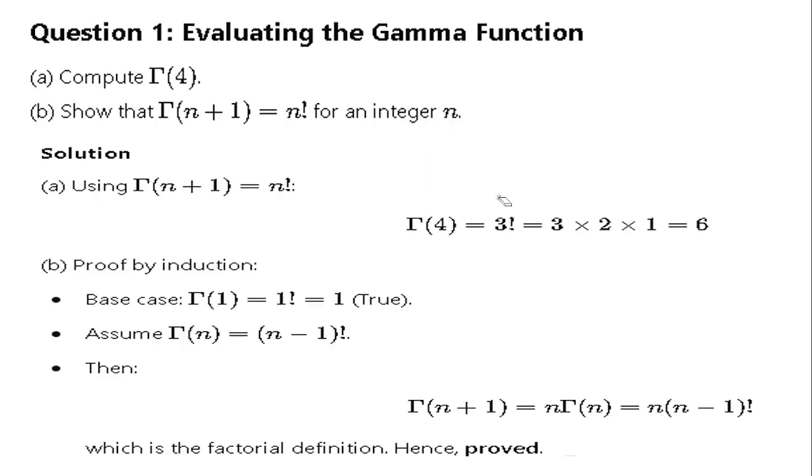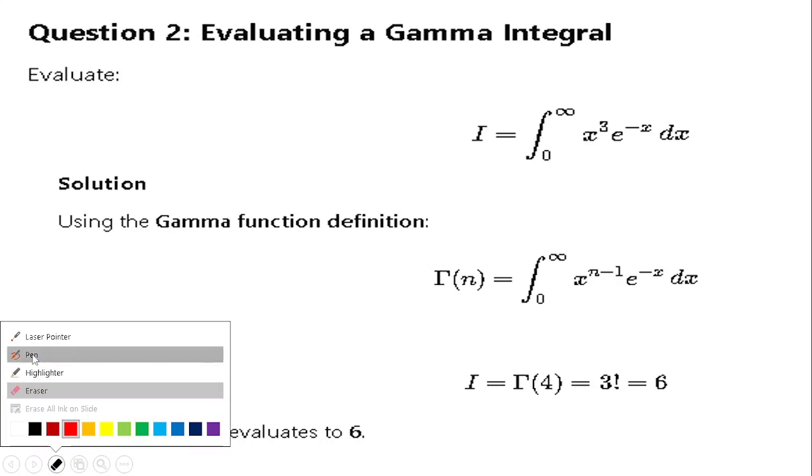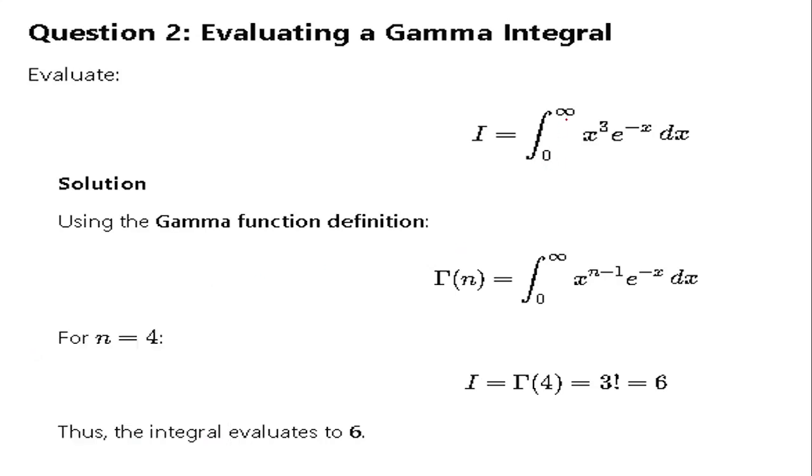Now everything here will just be like revision. This is what I want you to quickly look at. For example, if I ask you to evaluate this integral, the first thing you look at is the limits, from what to what, so that you know which formula we are using. It's from 0 to infinity, right? Yes, sir. Then you look at this power.